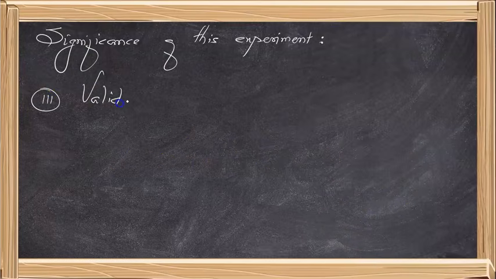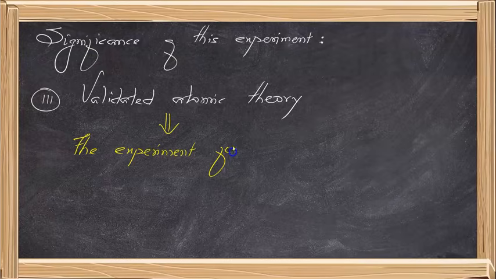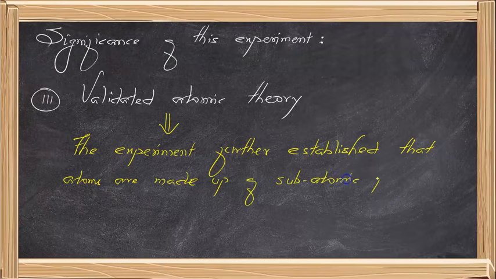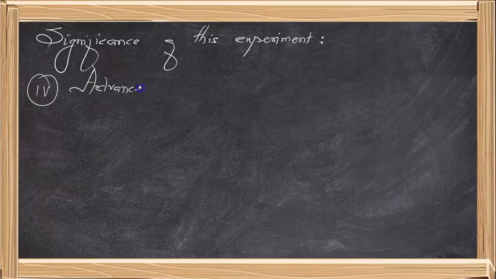This experiment also validated the existence of subatomic particles. That means matter is made up of not only atoms but of subatomic particles. This experiment also advanced our understanding of electromagnetism.